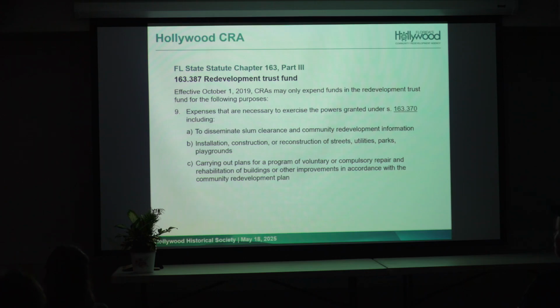All of that has been eliminated, unless we say it's the dissemination of information related to the eradication of slum and blight and redevelopment. So the last one, C, covers our grant programs. Grant programs to improve privately owned property.